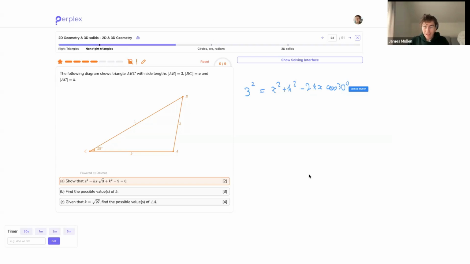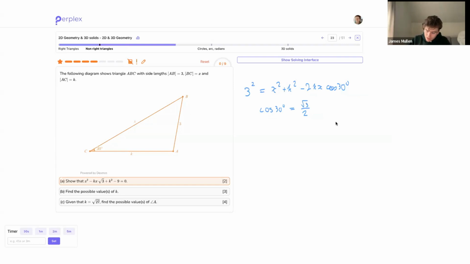And again, we haven't covered the unit circle yet, and we're going to go over more what the specific values of these angles are, but you should know that cosine of 30 degrees is equal to root 3 over 2. And if you don't know that now, come to the session on Friday. We're going to cover that in a lot of detail.